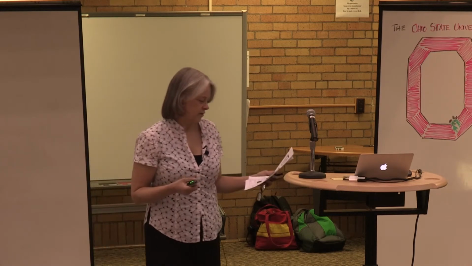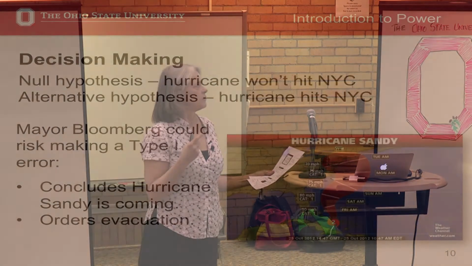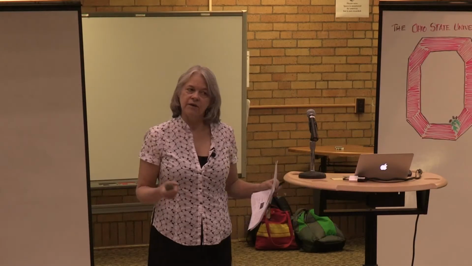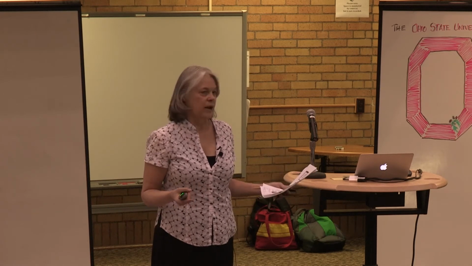So in this scenario, about a year and a half ago, Hurricane Sandy was coming towards New York City, and Mayor Bloomberg had to make a decision about whether or not to order an evacuation, and to decide, he needed to decide if the hurricane was actually coming. So if he's more willing to risk making a type 1 error, then he could conclude that Hurricane Sandy is coming, order evacuation, and if the hurricane doesn't come, then he's made a type 1 error.